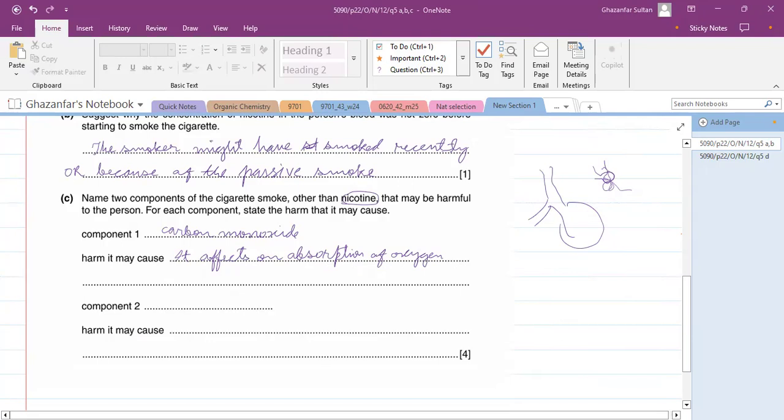Secondly, it may cause fatty deposit in the wall.